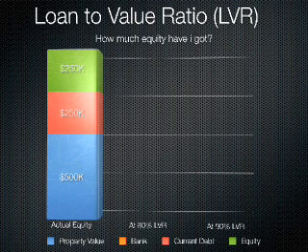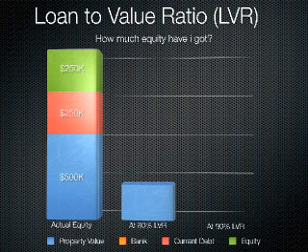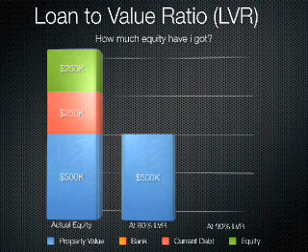And you might think, well, that's great, I've got a lot of equity, I can go out and spend it. But realistically, you can't just go out and get $250,000 off the bank because the bank looks at it in terms of the LVR, like we just mentioned. So the bank might say, we'll give you an 80% LVR loan. They'll say the property's worth $500,000, and the first 20% we're going to keep.